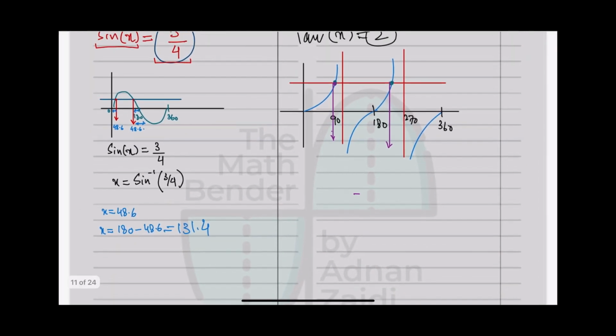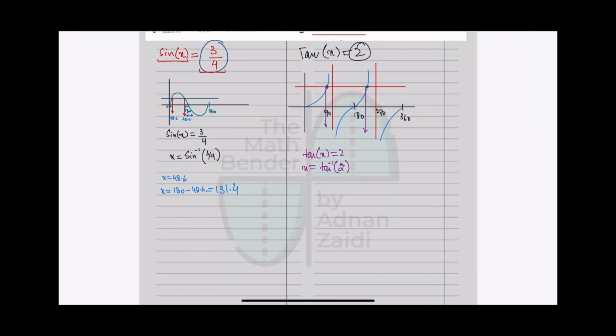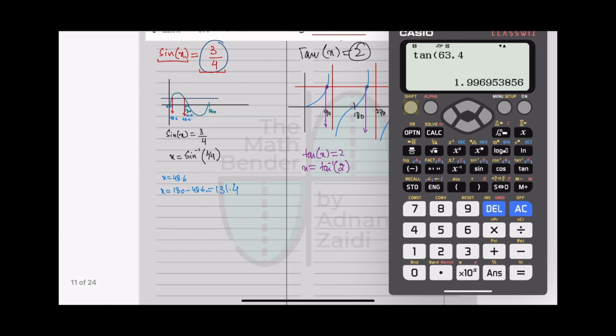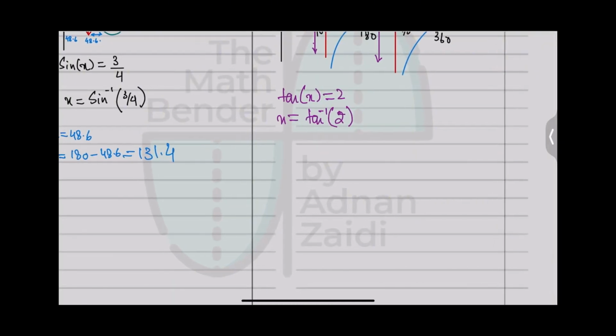Now, since the functions tan, sine, and cos are repetitive waves and they are symmetrical in every way, this is the concept that I'm going to apply here. So tan of x is equal to 2. So x is equal to tan inverse of 2. So checking the value of tan inverse of 2, which is going to be 63.4.